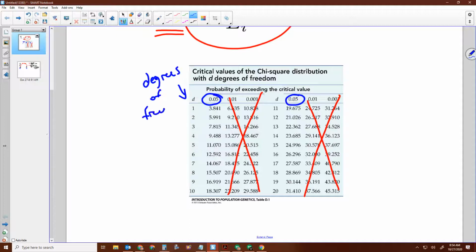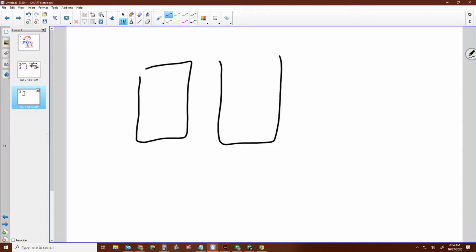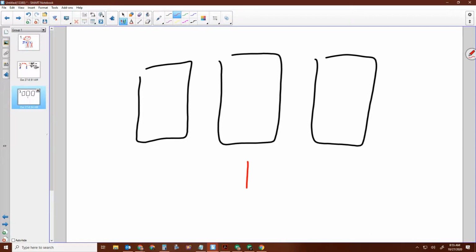All right, so how do I determine my degrees of freedom? So let me do a little illustration here. Let's say I have 3 cards here, and there are 3 of you, and I tell you, first person, pick one. First person picks this one. Second person, pick one. Second person picks this one. Does the third person have a choice?